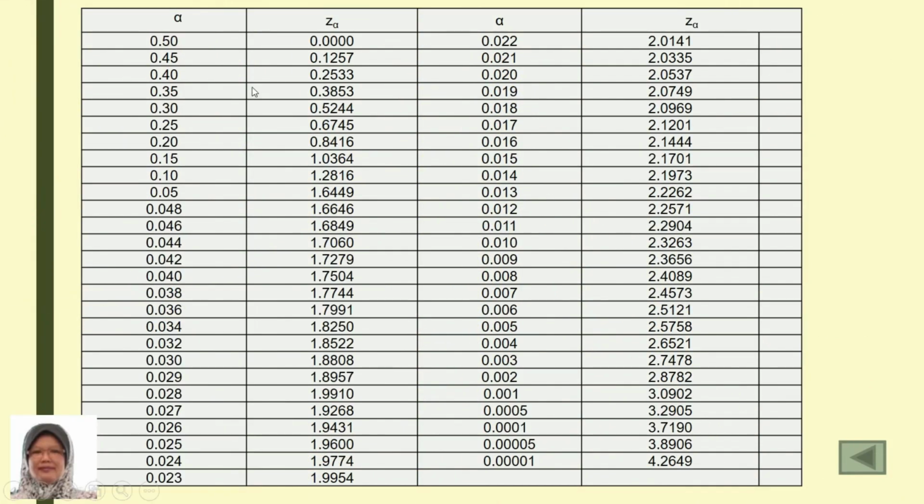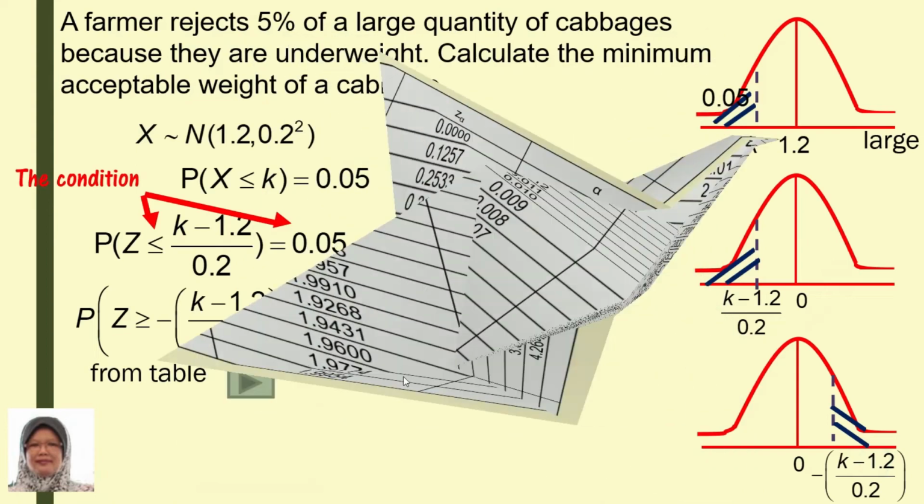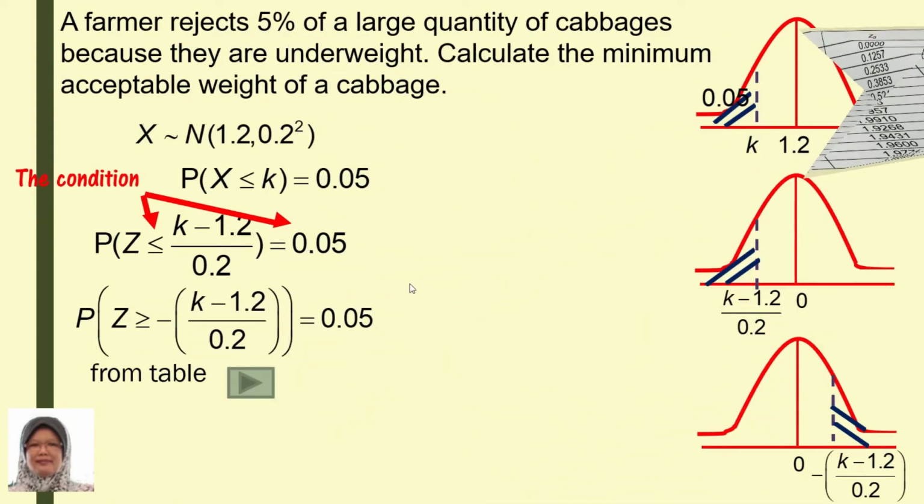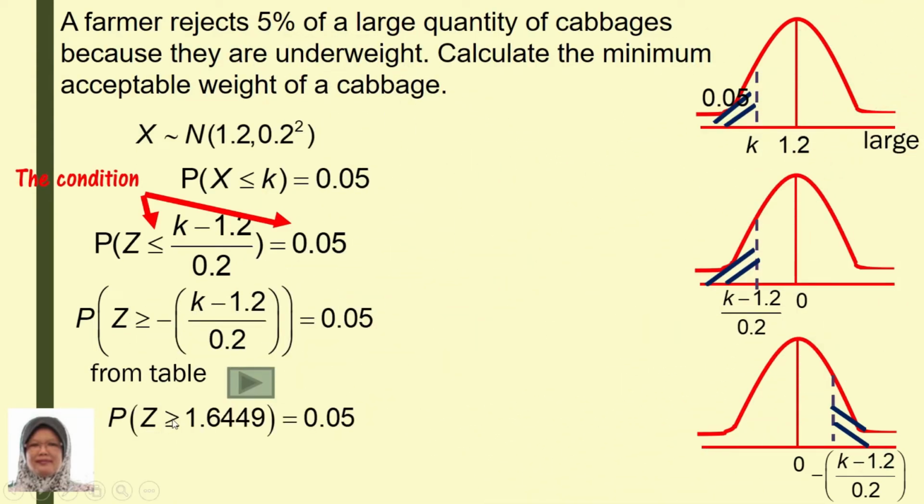From this table we look at alpha. We look at 0.05 and the Z alpha is 1.6449. So we can write P(Z ≥ 1.6449) = 0.05, and we compare.